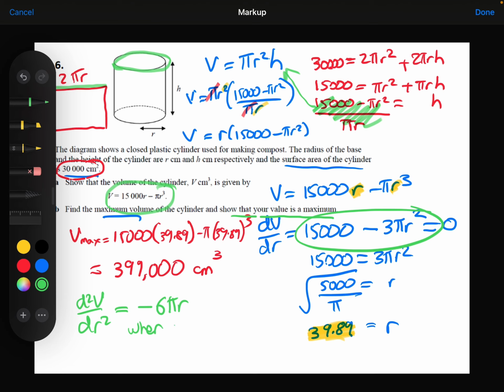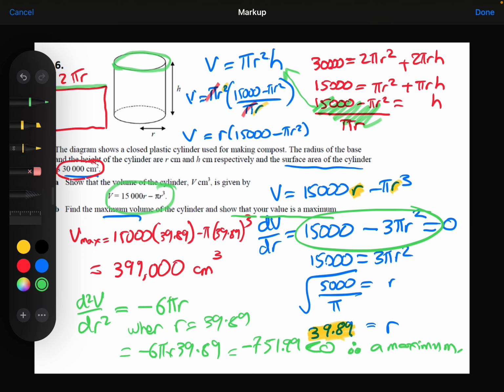And when r is the 39.89, if I substitute that in, minus 6 pi times the 39.89, we get minus 751.9, which is less than 0, therefore a maximum. And we're done.